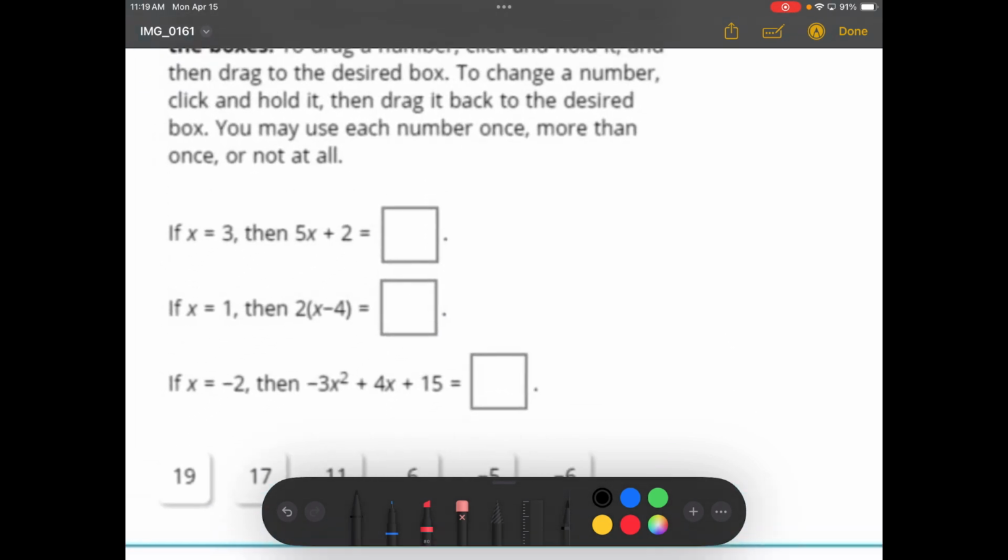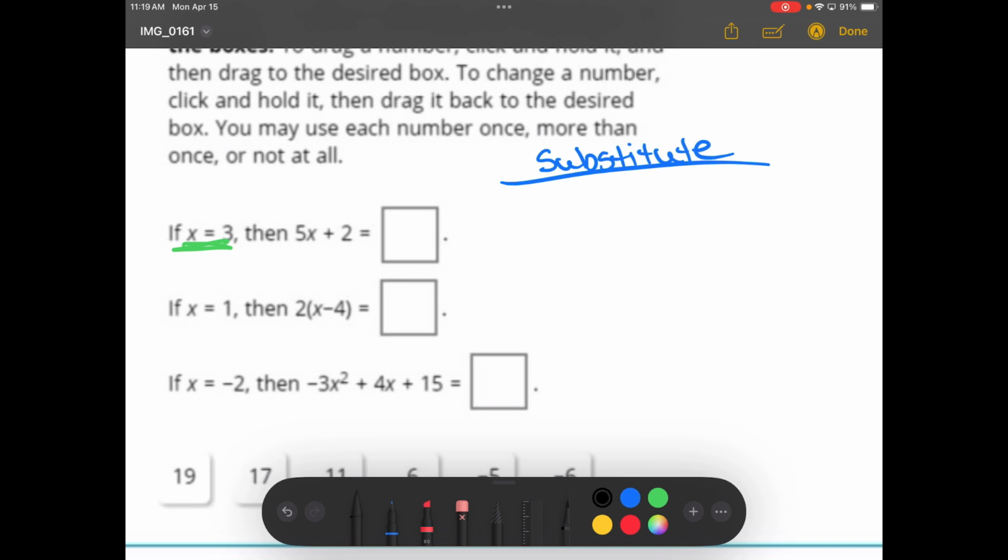If x equals 3, then 5x plus 2 equals what? What do they give us here on the left side? They give us a value for x. What do you think they want us to do with that value? Plug it in. They want us to substitute. Plug in the value.